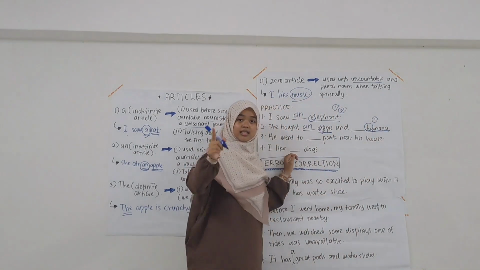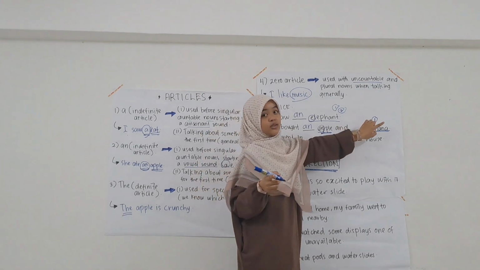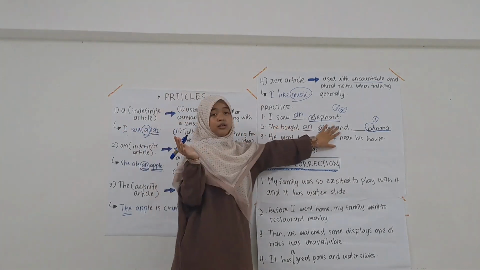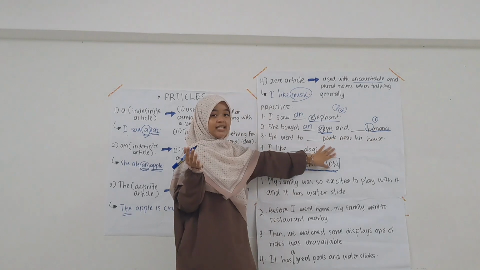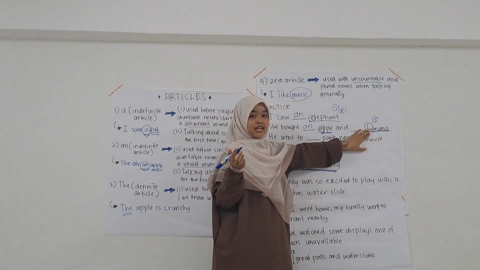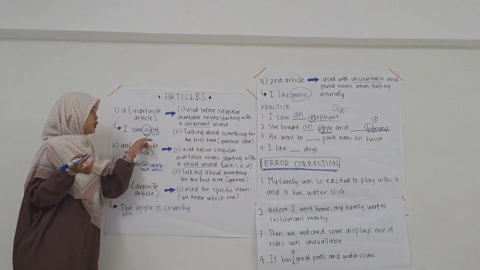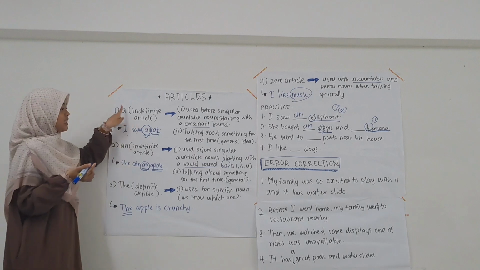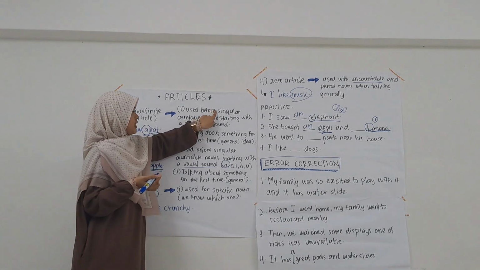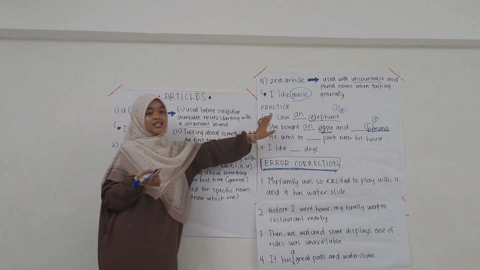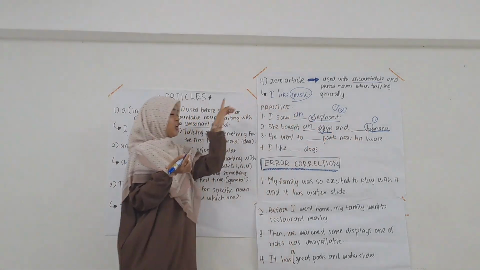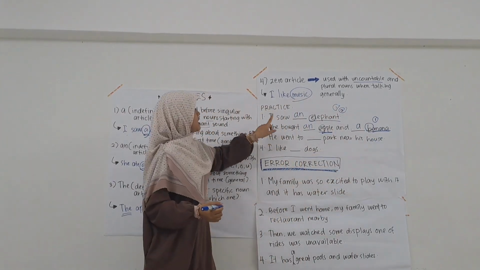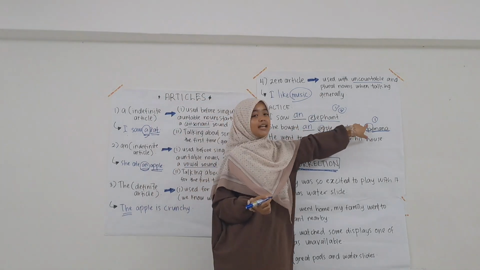It is also a countable noun, and we are talking about it generally. So again, banana starts with consonant sound. So the correct article that we should use in that sentence is the indefinite article a, because the noun banana starts with consonant sound. So a banana. Okay, she bought an apple and a banana.